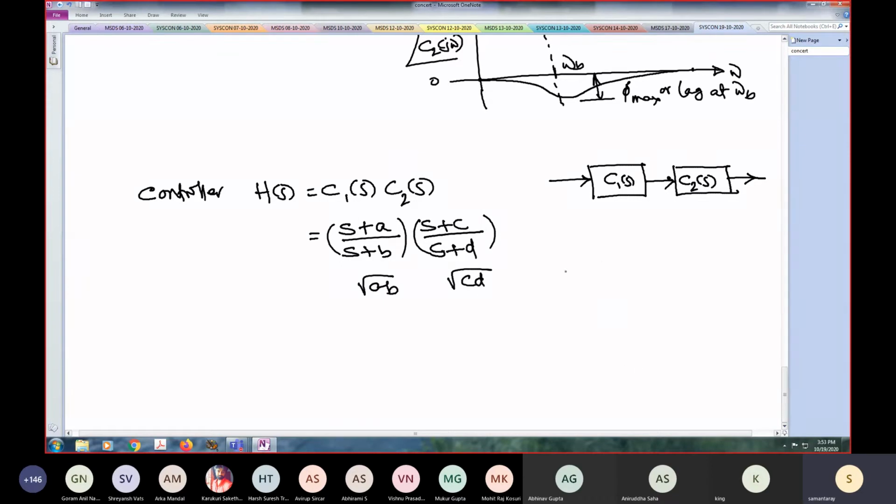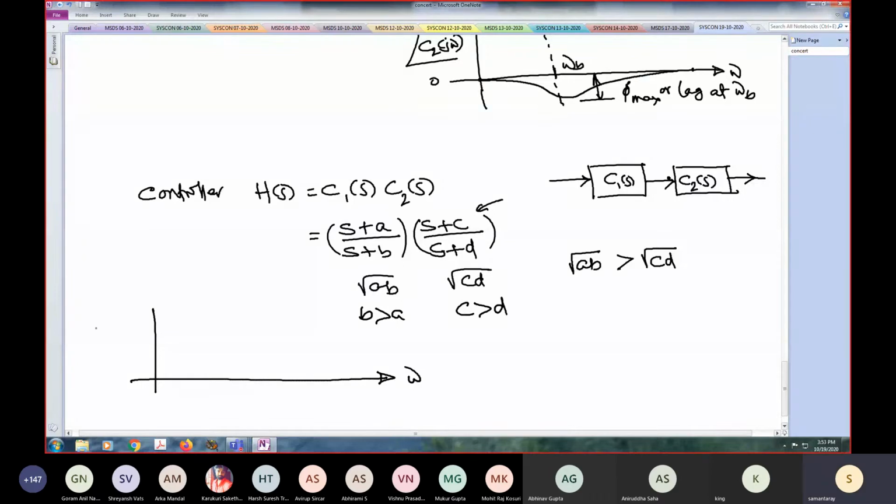Let's say square root of AB is greater than square root of CD. For this one, C is greater than D, and here B is greater than A. So what kind of response will we get?